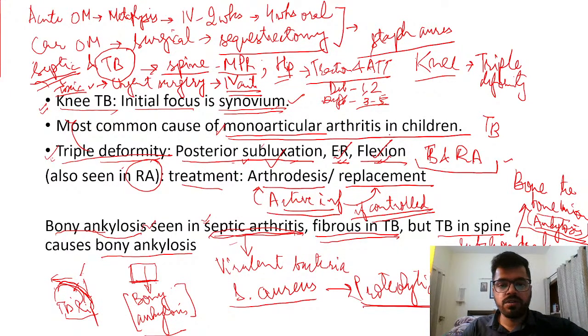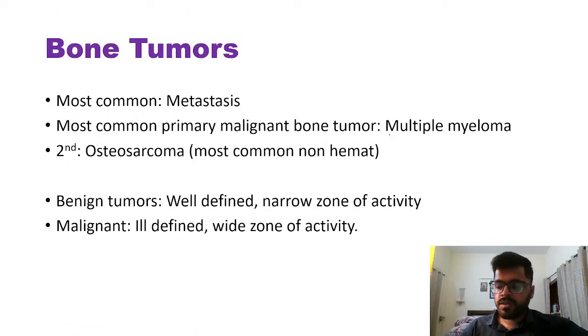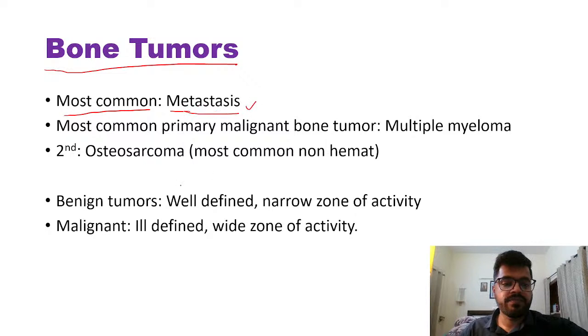Now we will move on to bone tumors. Bone tumors, most common is metastasis. Most common bone tumor is metastasis.